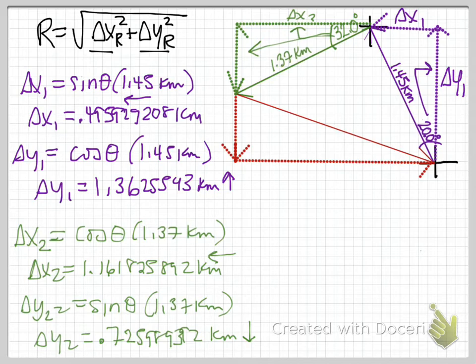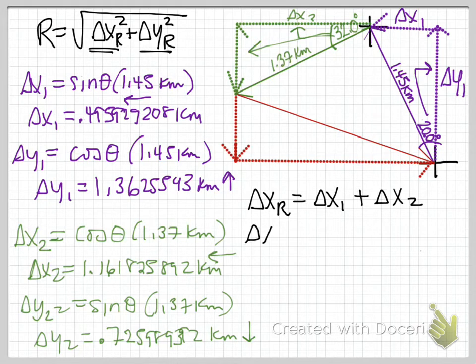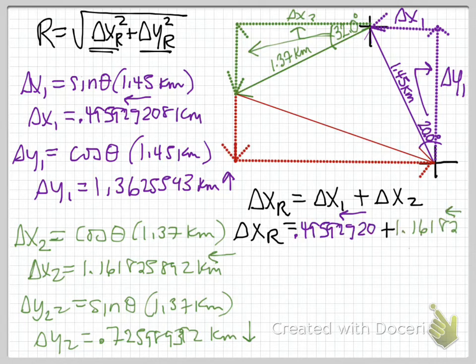Okay, now we're ready to find delta x resultant and delta y resultant. So, delta x resultant is equal to delta x1 plus delta x2. That's easy. Delta x resultant equals 0.459, etc., plus 1.161, blah, blah, blah.